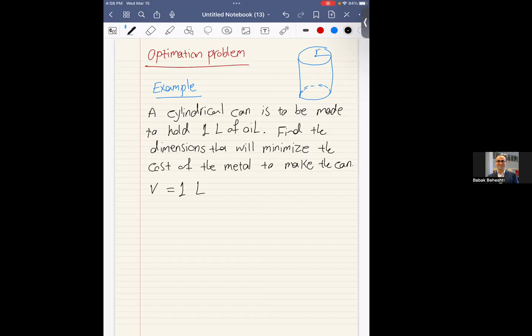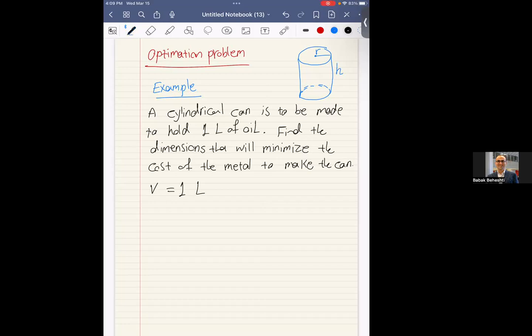We have to find the dimensions that minimize the cost of the metal. Minimizing the cost of the metal means minimizing the surface area of the can. So we can assume that the radius of the can, the circle, is R, and the height of the cylinder is H. Okay.